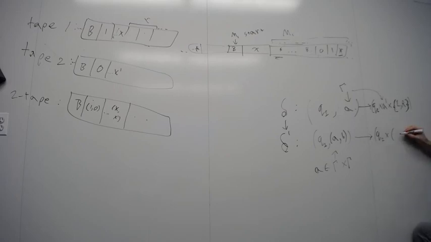So for tape 1, it would be A prime, B, right? Exactly. Cross B, L or R, whichever element. Should these be cross or comma? No, they should be cross. That's why I was erasing them.